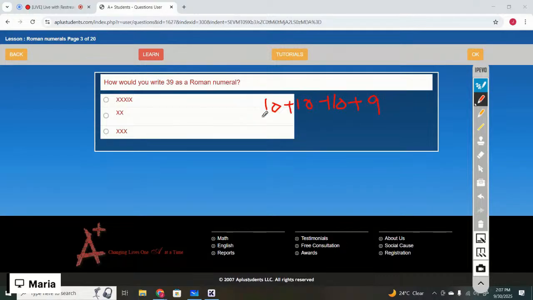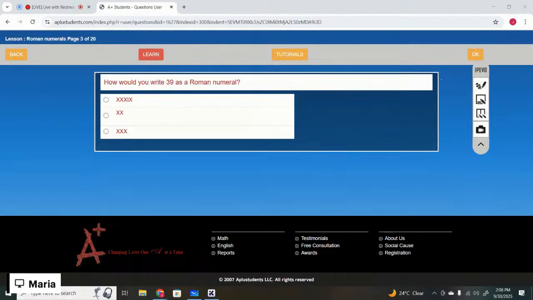So you can write X, X, X, and 9 we can write as I and X. Option 1 is the correct option.